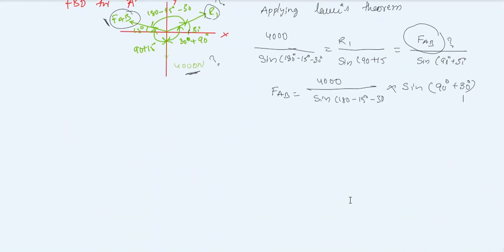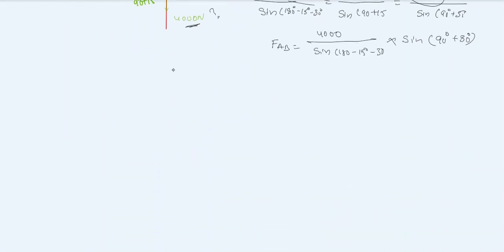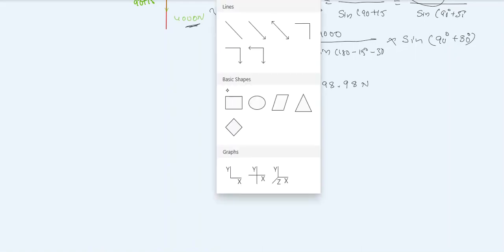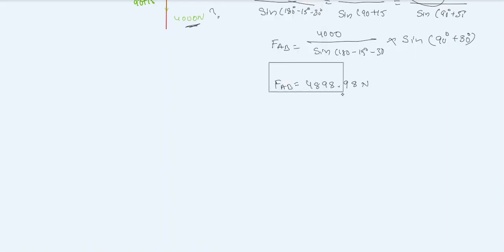So if you calculate FAB, you will get FAB equal to 4898.98 Newton. So we got positive value, so our assumption is right, this is under compression, right? You assumed that body is in compression, so you got the positive value, that means it is under compression.